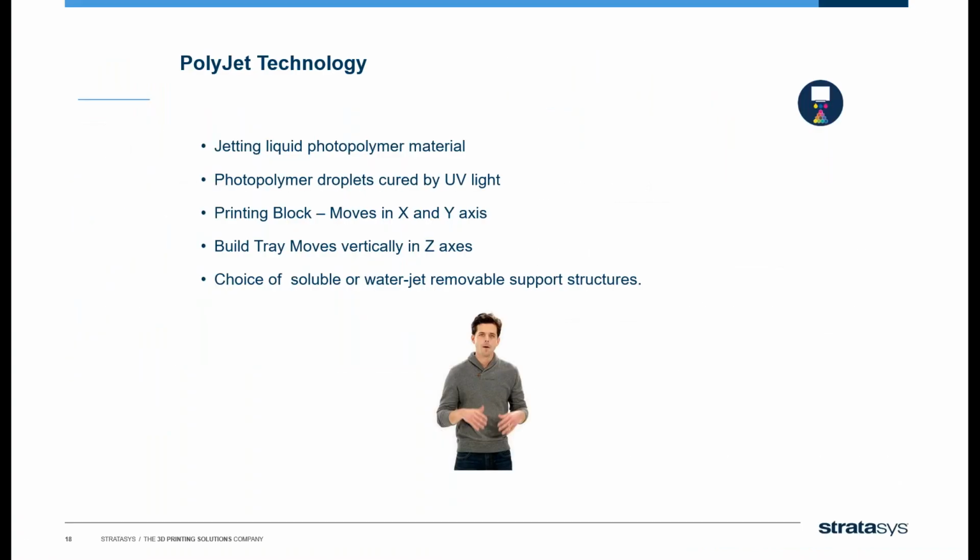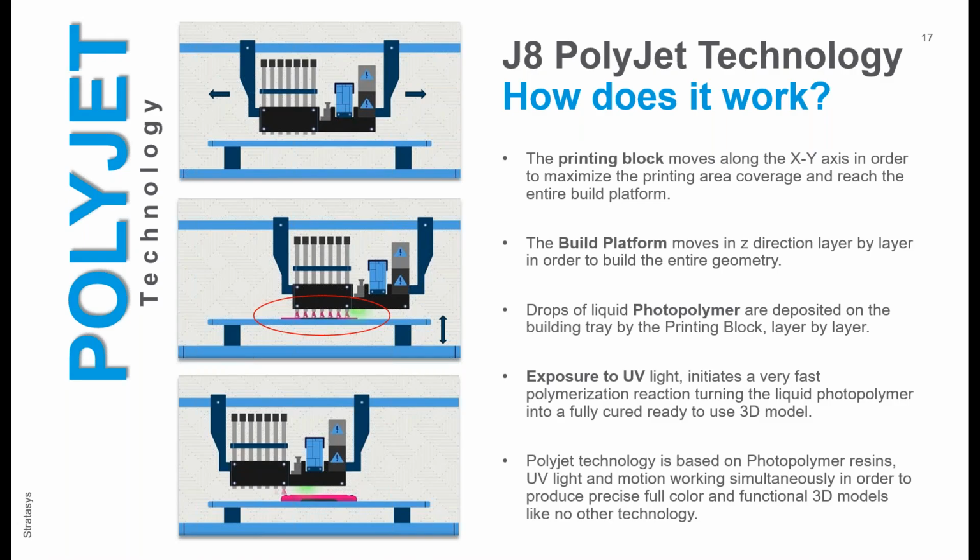Let's take a look in more detail. The PolyJet technology works on the principle of a print head that keeps moving along the X and Y axis. The build platform lowers down with a pre-chosen layer thickness. That's exactly where the layer thickness choice is, whether you can work as low as a 14 micron layer thickness or on an average of 30 microns that we regularly use with PolyJet technology to print parts.